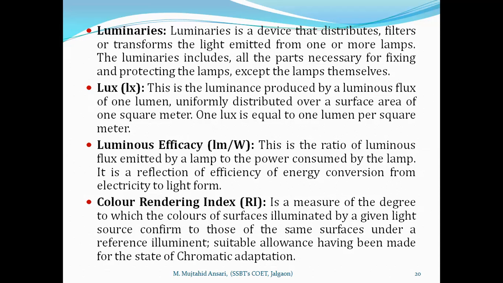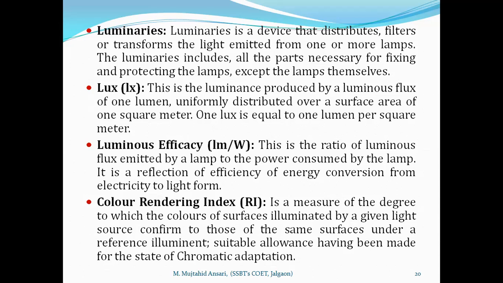This variation is expressed in percentage. 100% means the appearance of color in natural daylight and in the given light source is the same. If there is a change in color, it decreases with respect to the change in color.